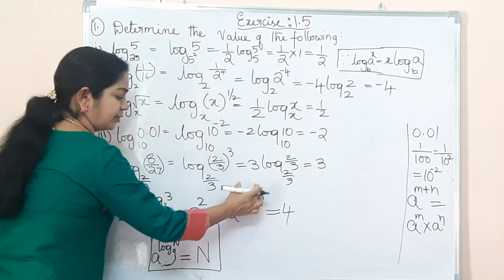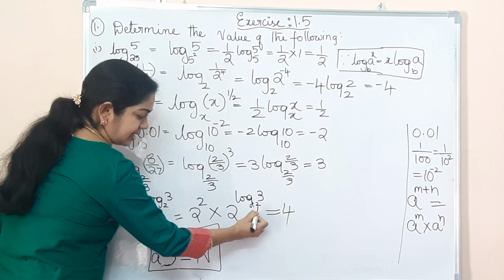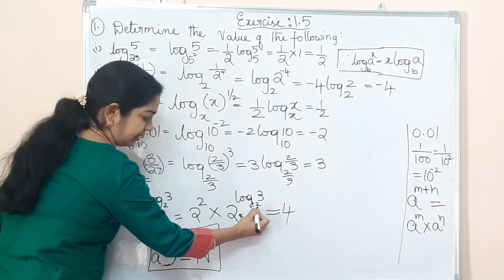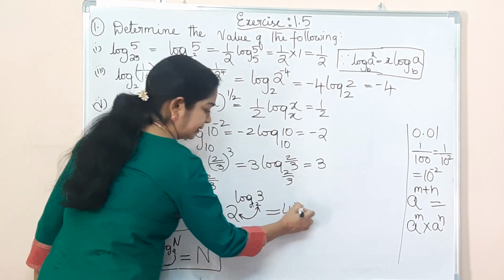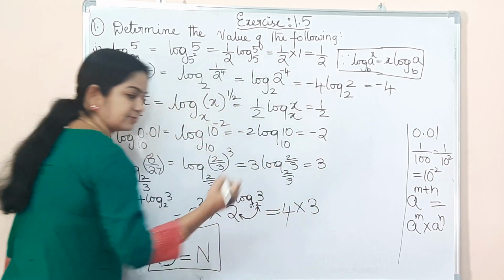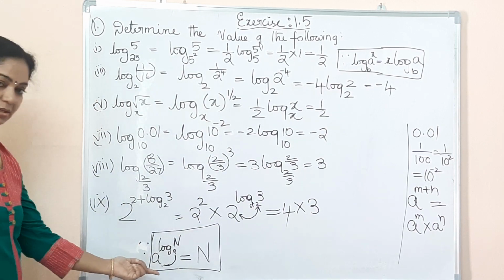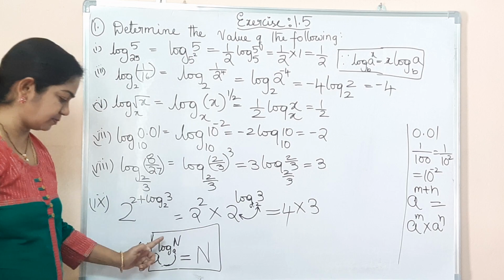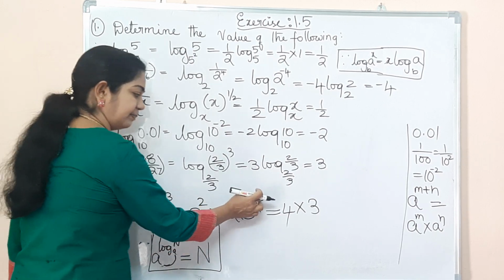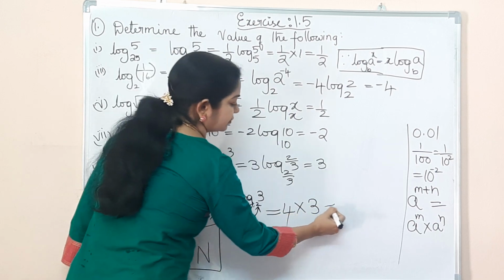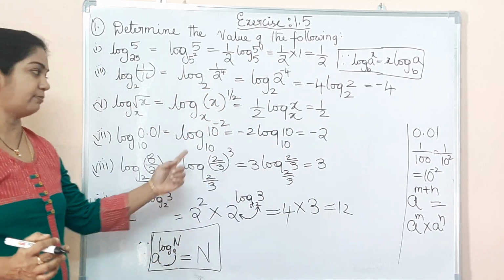Okay. 2 to the power of log 3 base 2: what I told, if the base and this value are same, then it will simply deduce to 3. So here it is multiplication, simply comes to 3. I am using this formula. You have to mention which property you are using: a to the power of log n base a is always equal to n. So simply the n part is 3. 4 3s are 12. So likewise these will be coming for 1 mark questions.